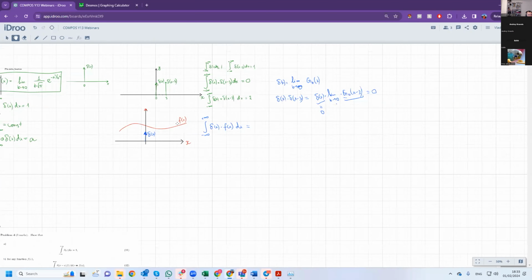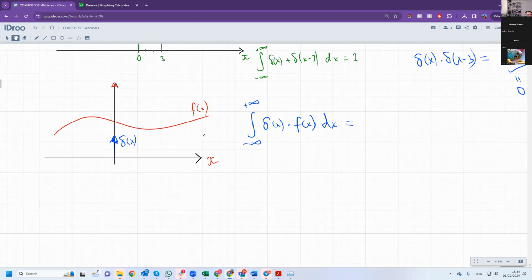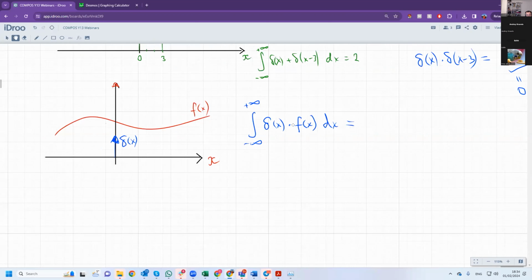Okay. So what would I get if I multiply the delta function by just a regular function? What would I get? It would be 0 everywhere except at 0.